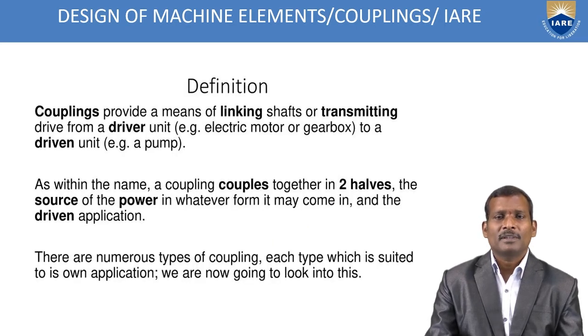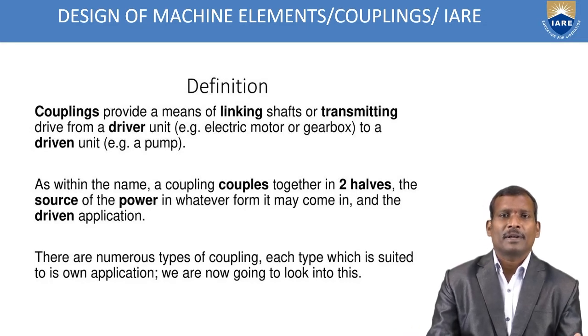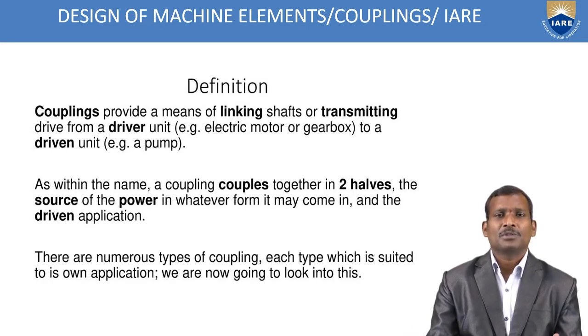So as per the definition, couplings provide a means of linking shafts or transmitting drive from a driver. So already I told you, the connector, the joint of drive and driven, is used to connect the two shafts. So you can say the linking of shafts, for what purpose?